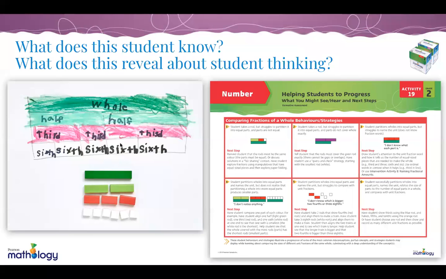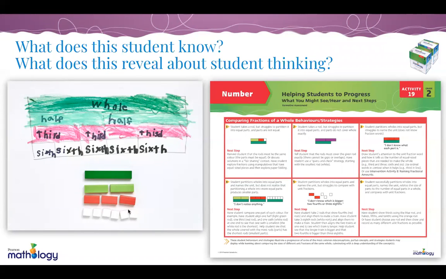Here we notice that this student's able to take that whole green rod and separate it into 2 equal parts, again into 3 equal parts, and again into 6 equal parts. But when they've transitioned into the drawing, we see that they may have made a little error on the very last row.